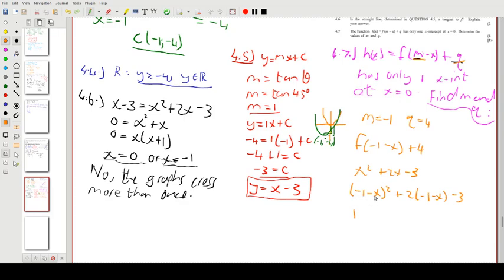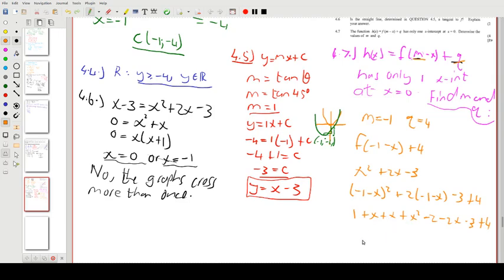And -1 times -x is positive x. There will be 2 of those, so plus 2x, and plus x squared if we multiply this bracket by itself. Then 2 times -1 is -2. 2 times -x is -2x. And then we have a -3 at the end. And then we still want a plus 4, I forgot that plus 4 for the q.